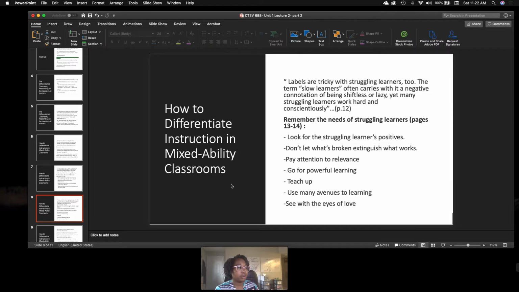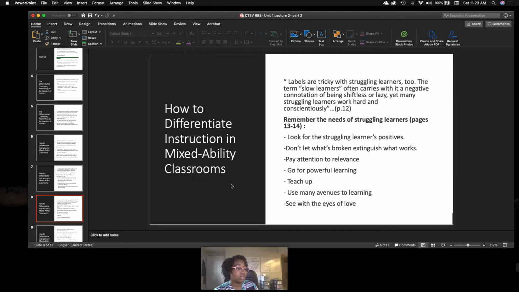So remember the needs of students who are struggling. Look for the struggling learners' positives. Don't let what's broken extinguish what works. They are a whole person, or a growing whole person. School is just a small factor of what defines who they are.